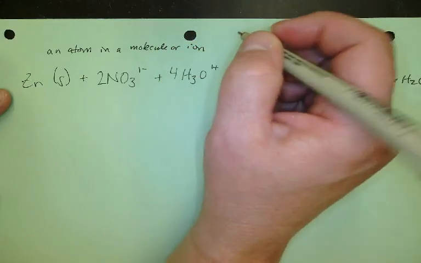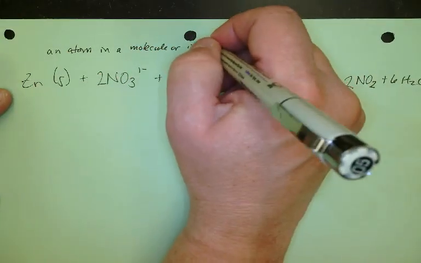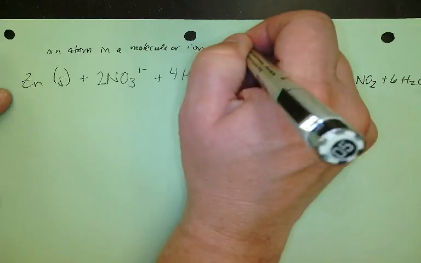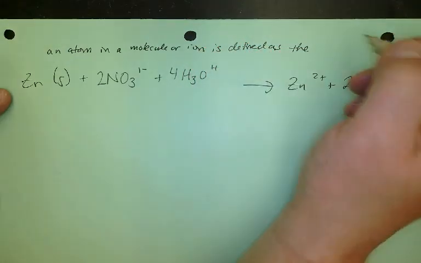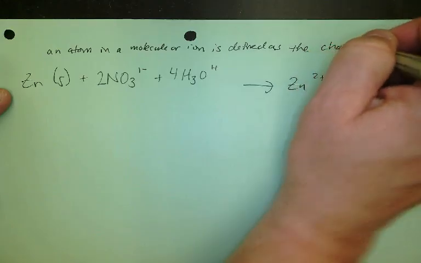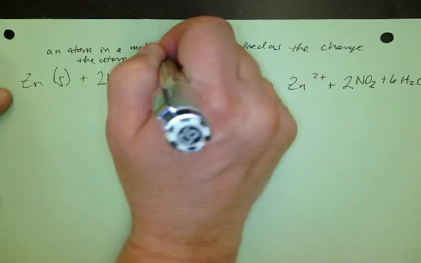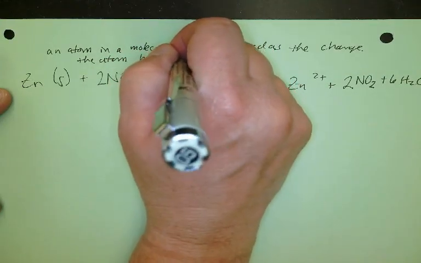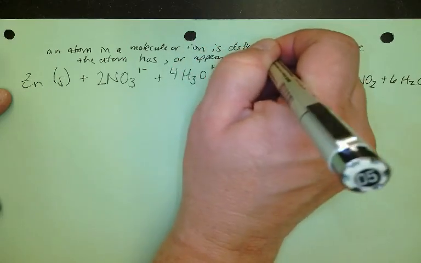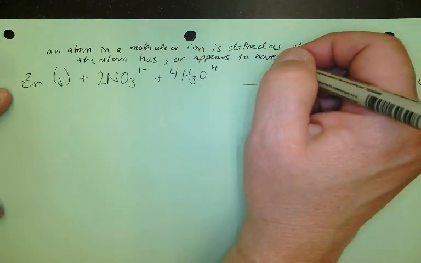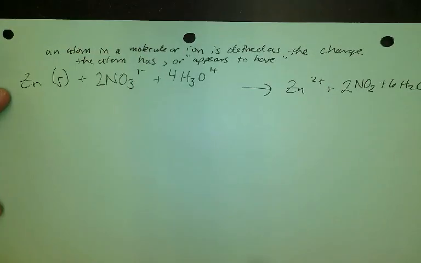The oxidation number of an atom in a molecule or ion is defined as the charge the atom has, and here's the bad part, or appears to have. And that's the bad part.